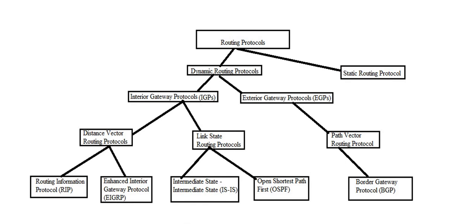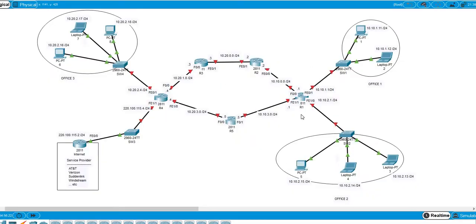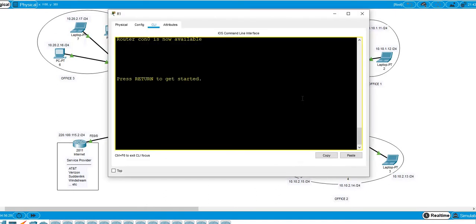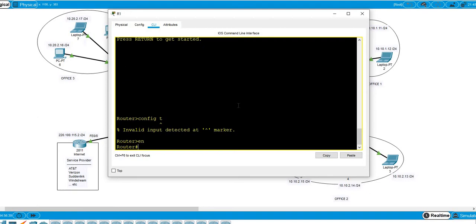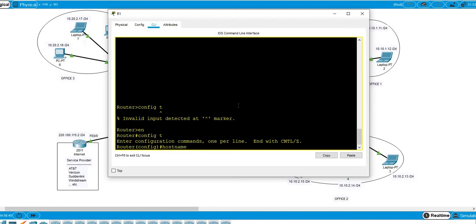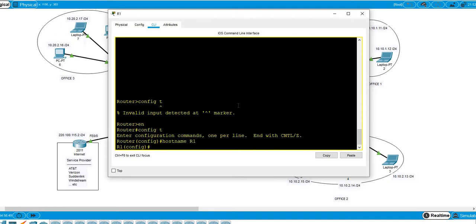Back to our lab. Let's configure the router names on the routers. Open router number 1, command line, go to the global configuration, enable, global config, hostname R1.